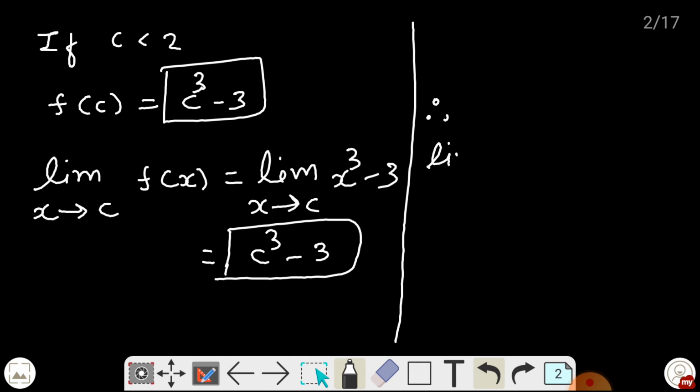So here we can write, therefore limit x tends to c f of x equals f of c. So our function is continuous at all the points x where x is less than 2.